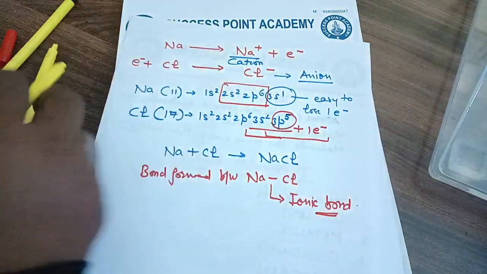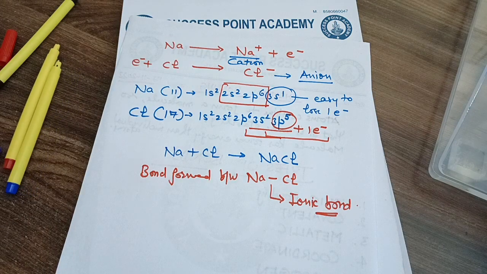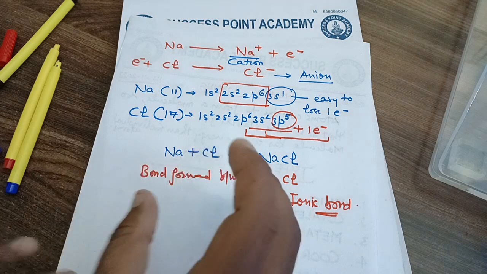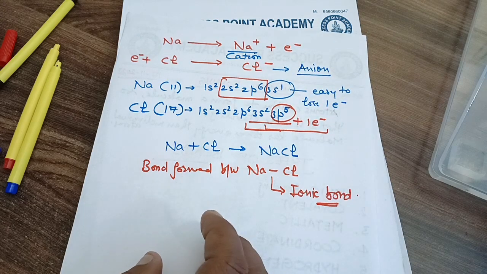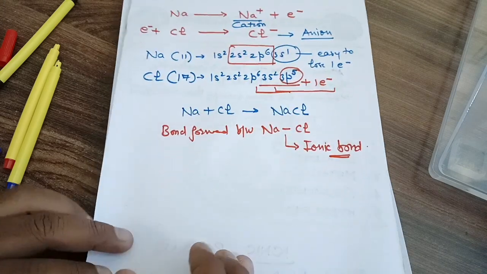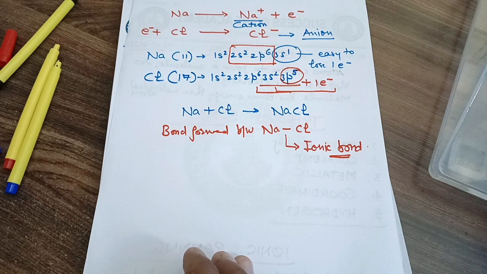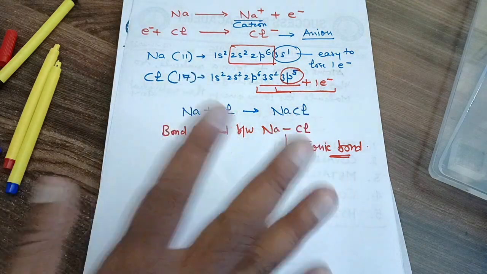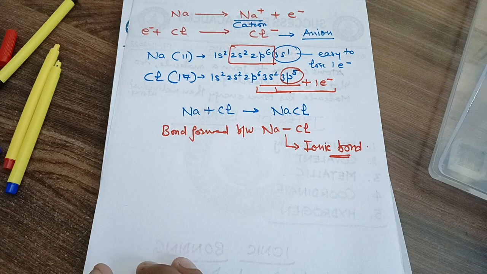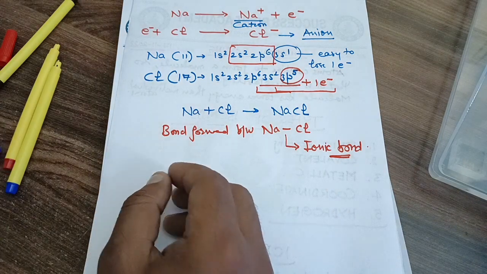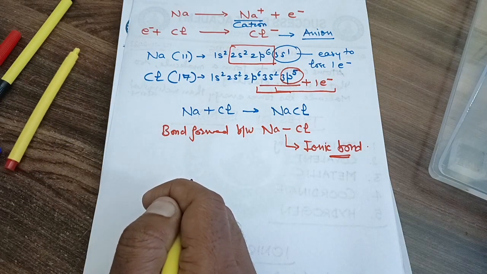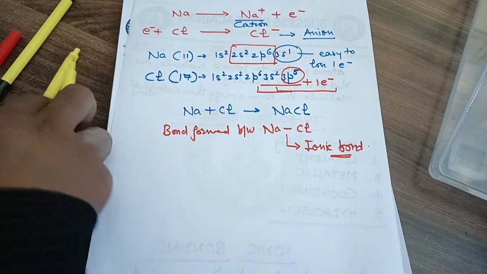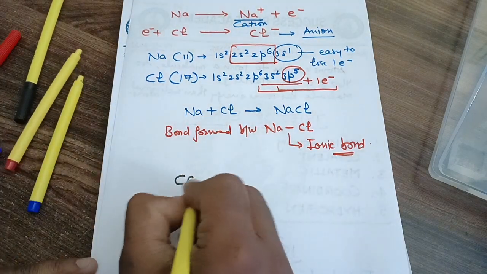Positively charged is cation, negatively charged is anion. Right, students? So this is how an ionic bond is formed. It should be remembered. Now we have various types of ionic solids, and we can make use of them in different fields of chemistry.